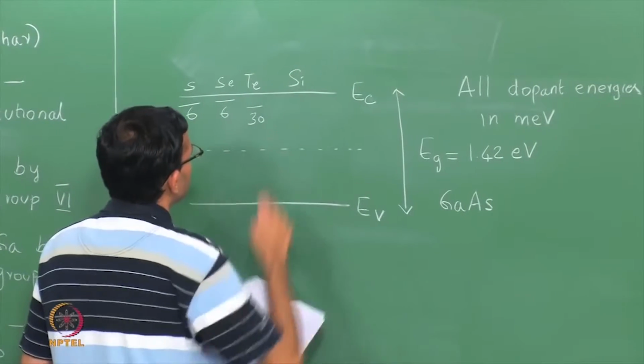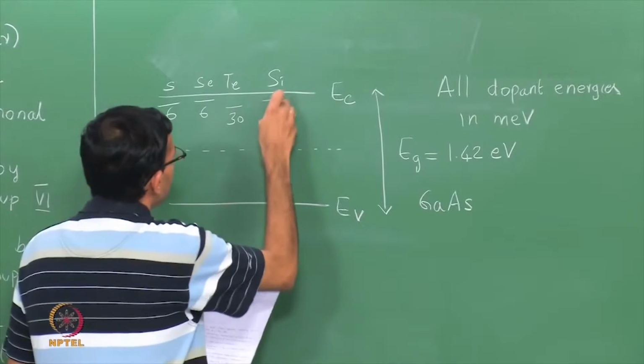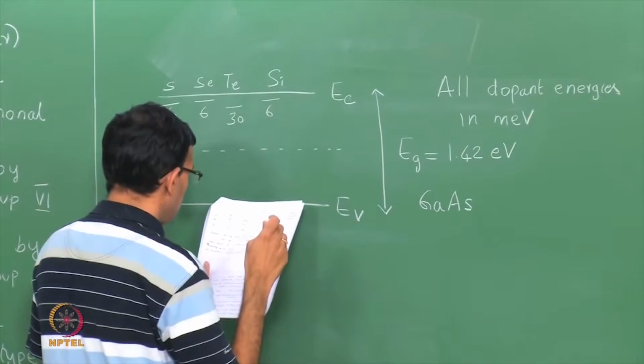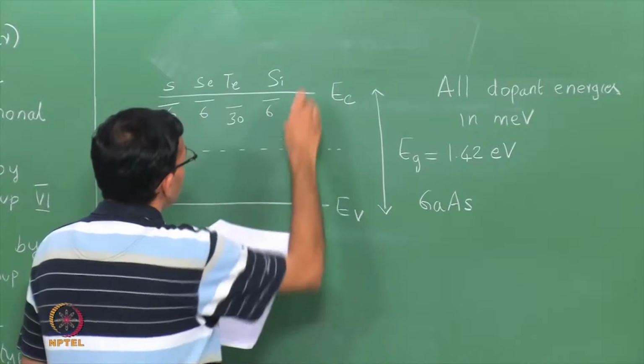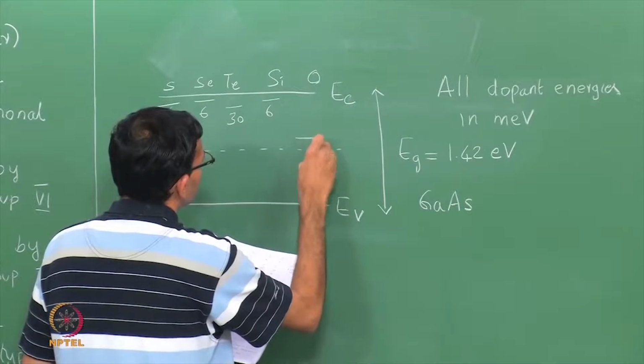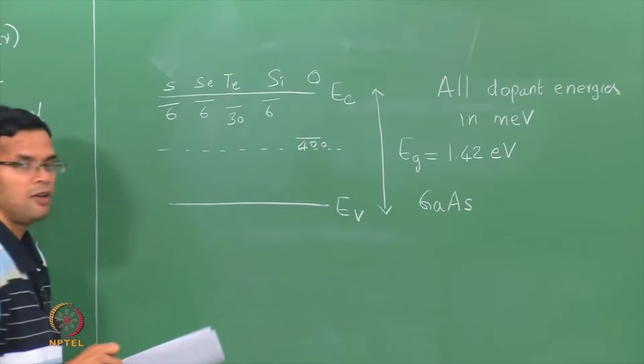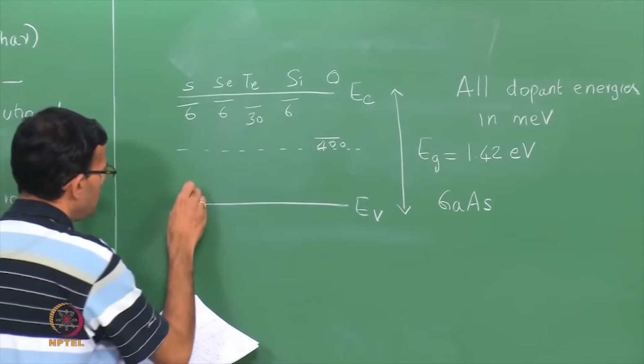Silicon, we said, can go either to gallium or to arsenic. Silicon as an n-type is around 6 milli eV, oxygen on the other hand is around 400. Similarly, we can look at the group 2 elements.